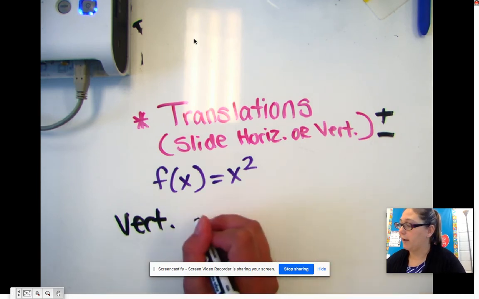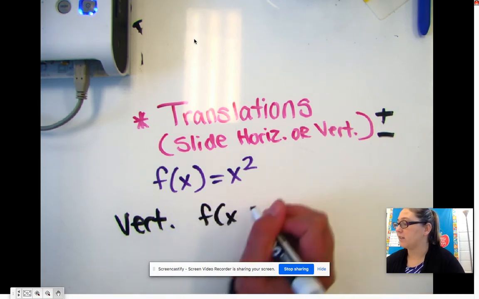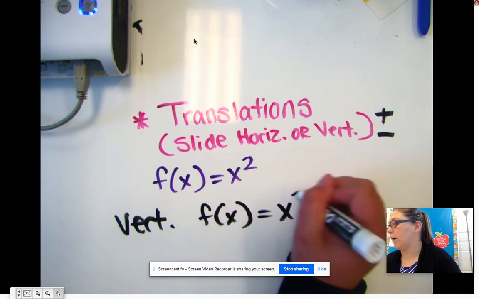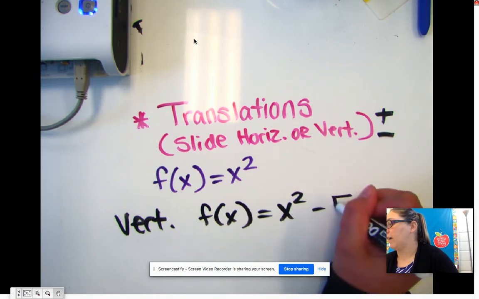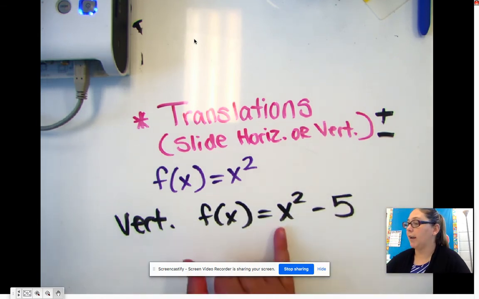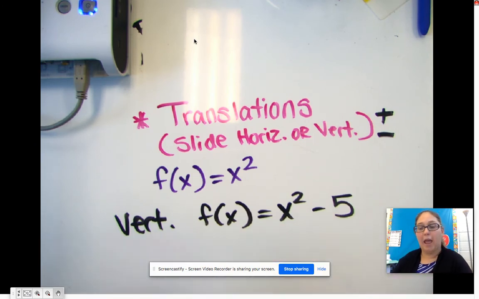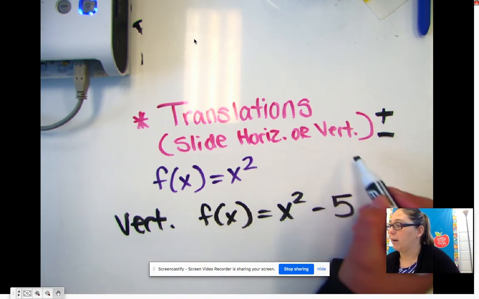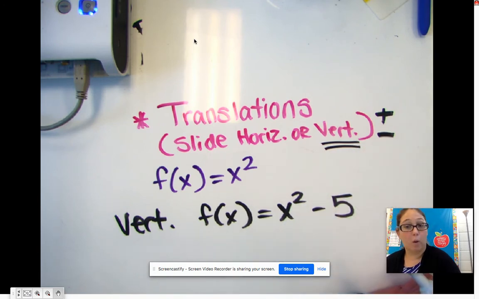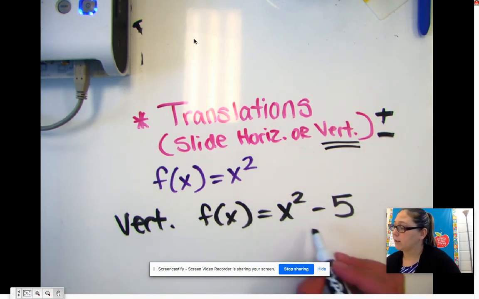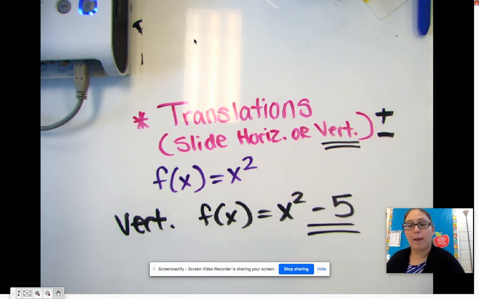So we're going to have something like f of x is equal to x squared minus 5. It's not inside with the x, it's on the outside. When it's on the outside, we're affecting the vertical, your y values, okay? So this tells me that my parent function is going to move down 5 because I'm subtracting, okay?